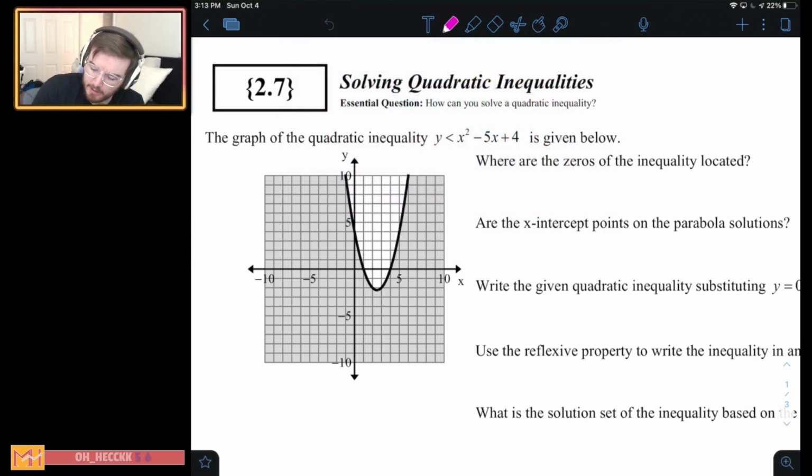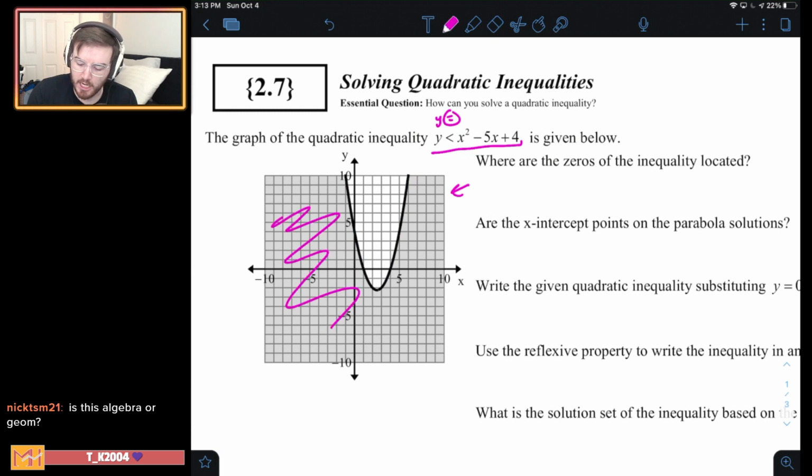If this were an equal sign, it would literally only be the graph. But we're not saying that it is just the graph. We're saying that the y values are less than, which is why the underneath has been shaded.